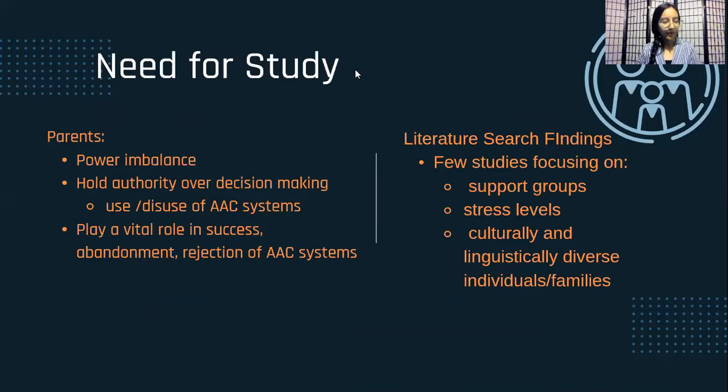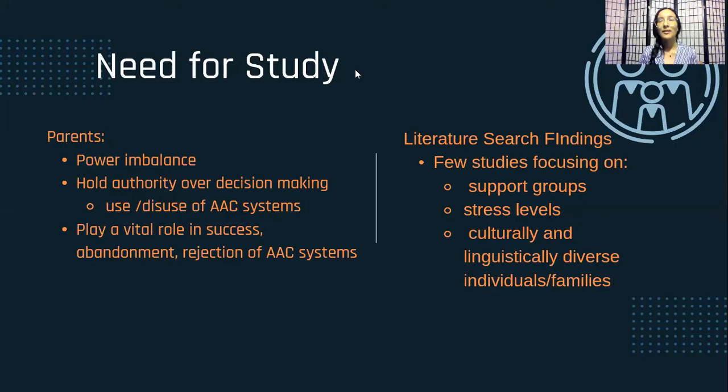To talk a little about why this study was important, first I want you to think about the power imbalance between a parent and a typical child. Just by nature of the age of a child and the relationship between a parent and the child, a parent is going to have authority in terms of decision making for their child.